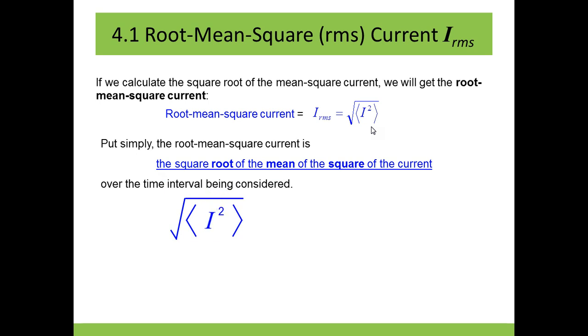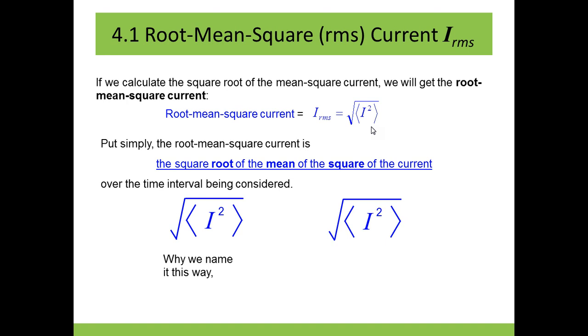But if you were to do this with mathematics, if you're given a curve of the current-time graph, what you really need to do is to take the current, square it, mean it, which is take the average, and then root it.